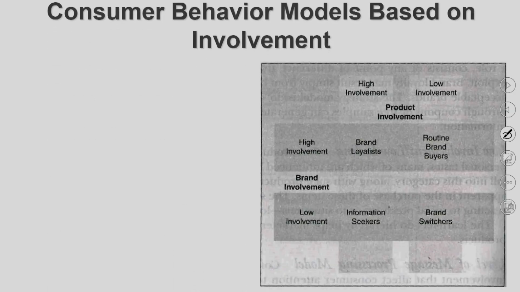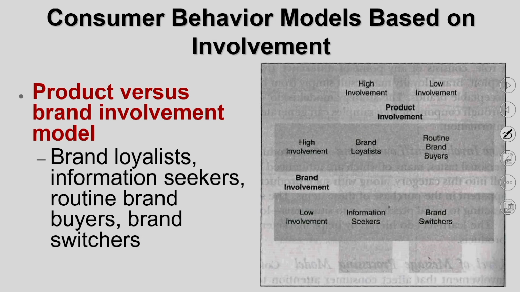And the last model that we are going to see is called the product versus brand involvement model. Here again we classify consumers in terms of brand involvement and product involvement: how involved the consumer is with a particular brand and a particular product.